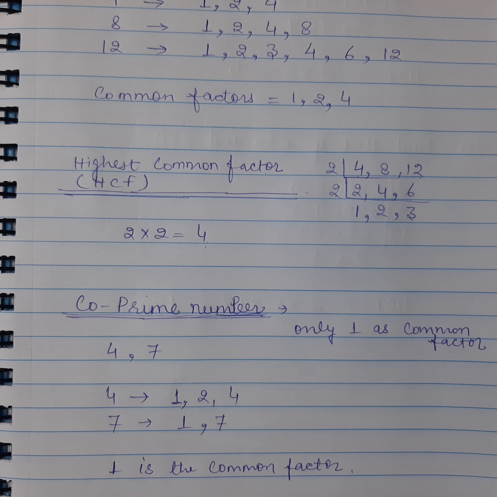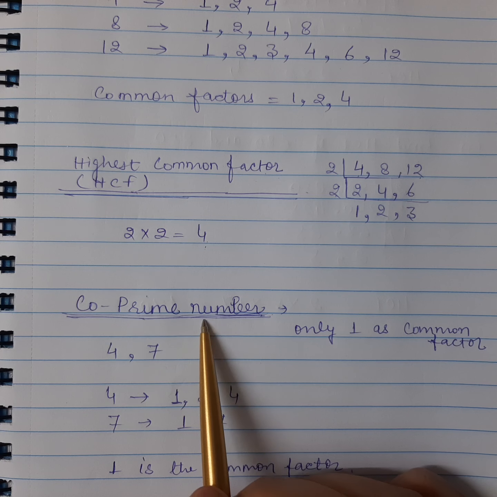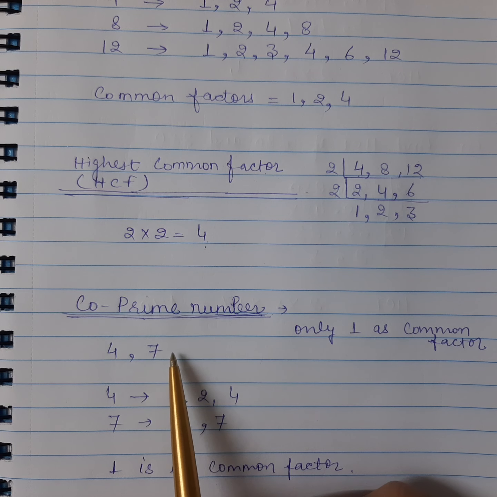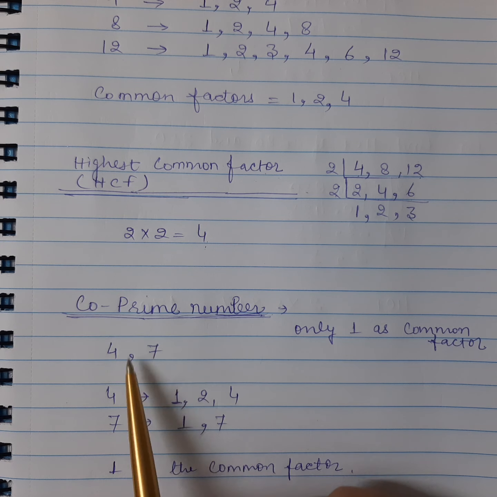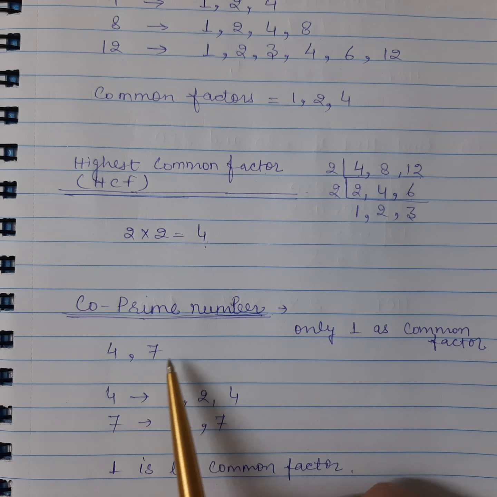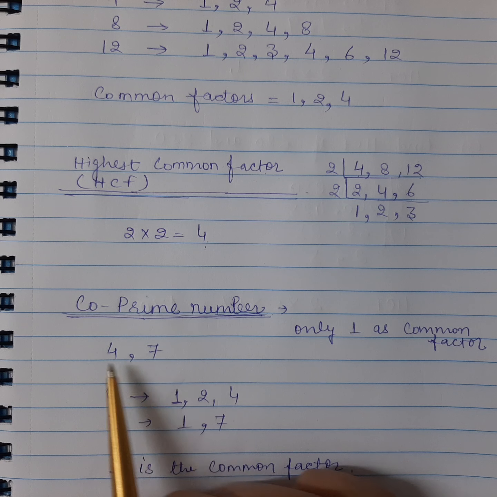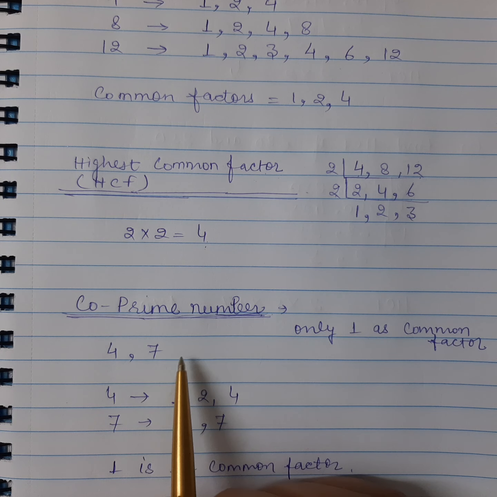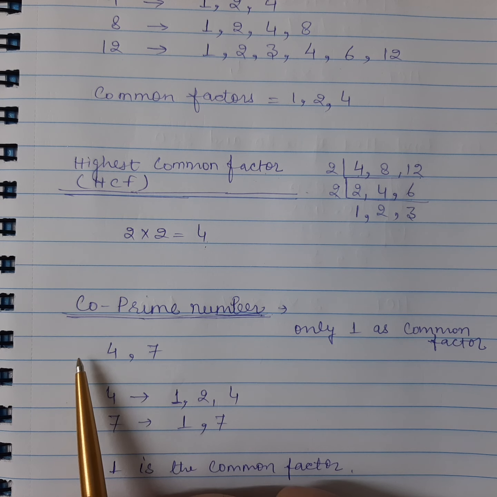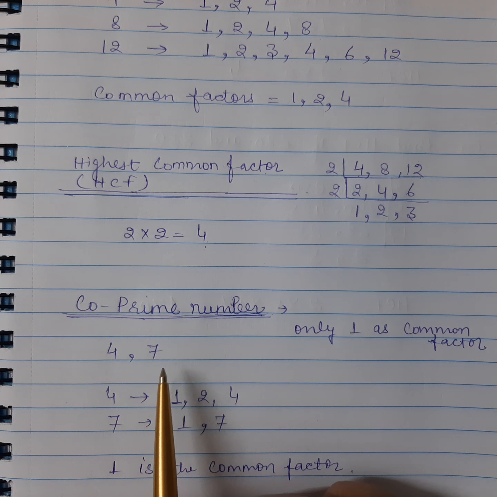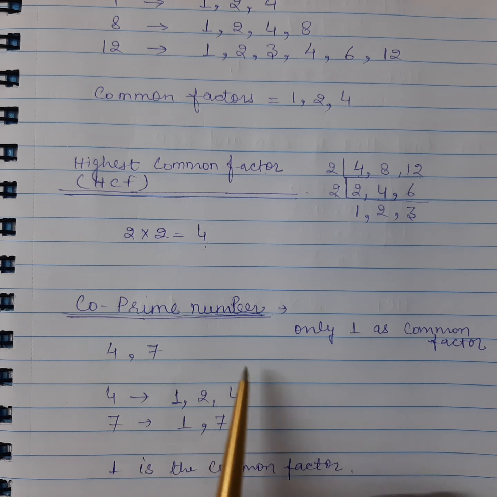Two composite numbers can be co-prime if they do not have any factor in common. For example, 4 and 15 also do not have any factor in common except 1. So they are also co-prime numbers.